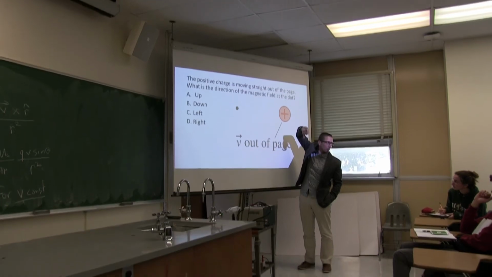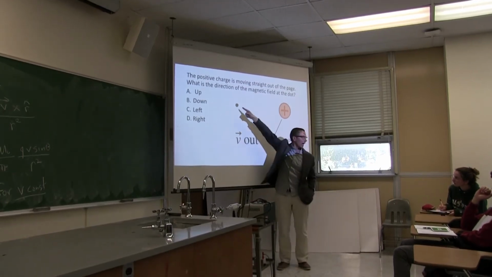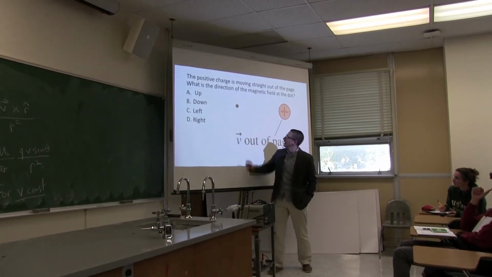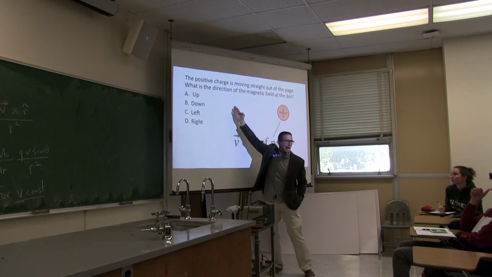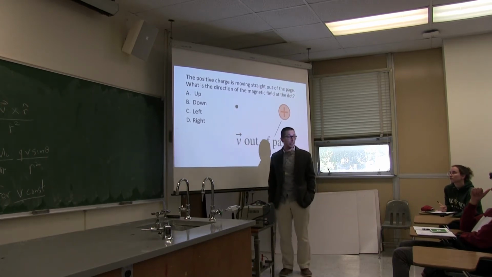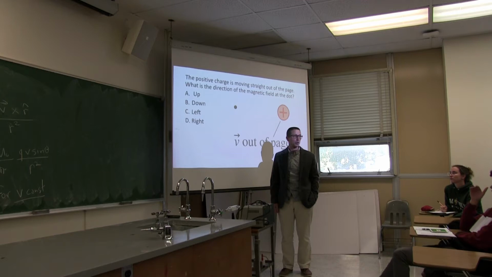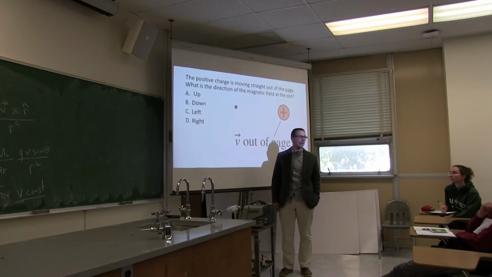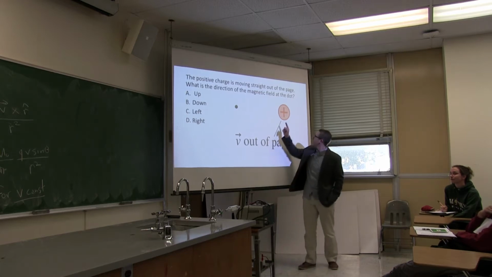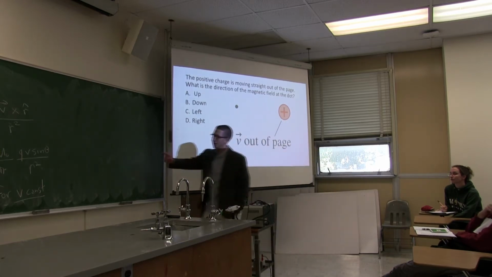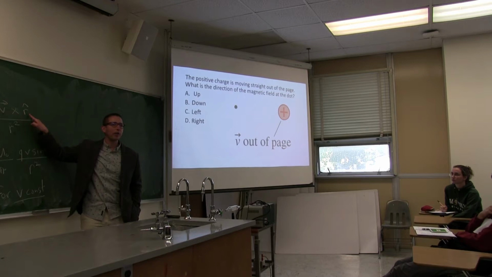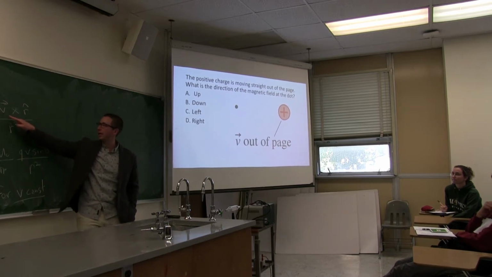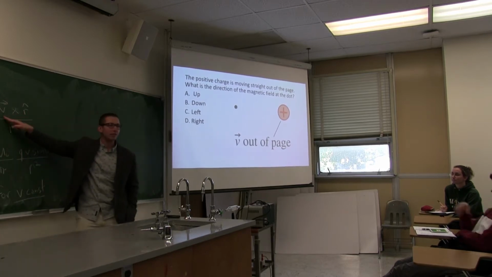So I get a downward magnetic field at this point. Now, if this point was translated out of the screen this way, the magnetic field would still point down. It would just be a weaker strength. So the magnetic field always has to be perpendicular to the plane of v and r. That's what the cross product guarantees. B is always perpendicular to v and r.